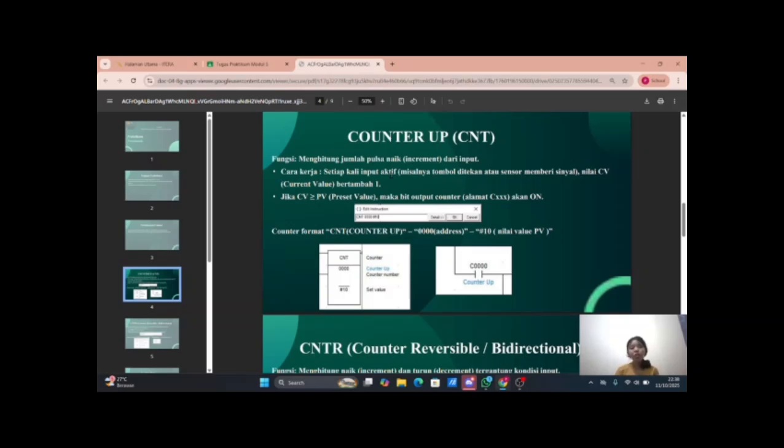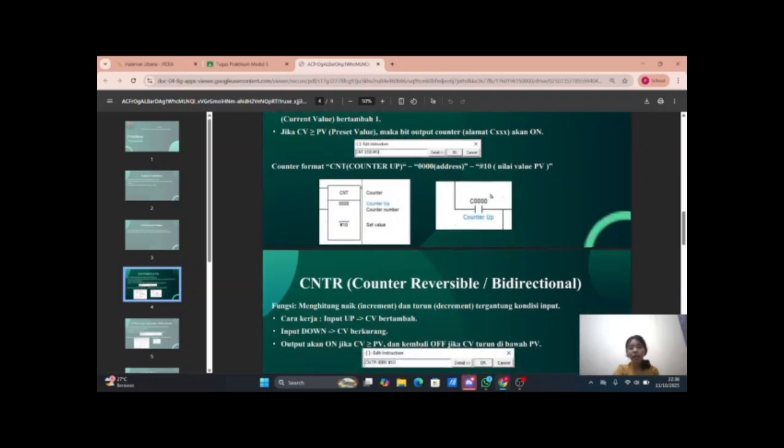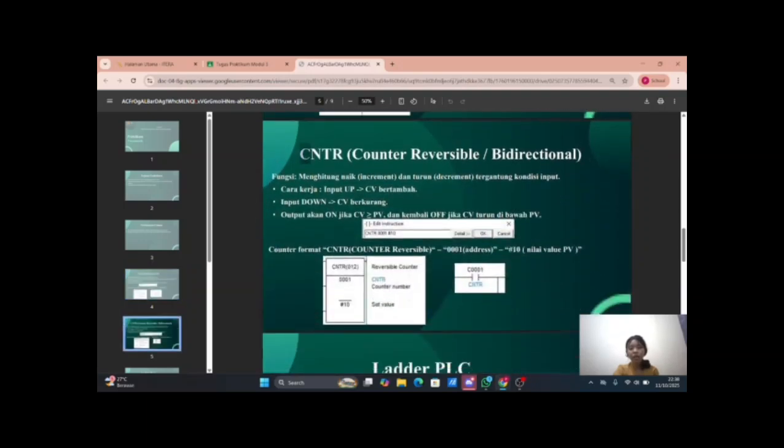There are two primary types of counters: CNT or counter up, and CNTR or reversible counter.